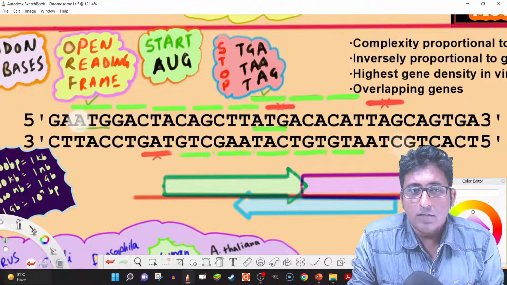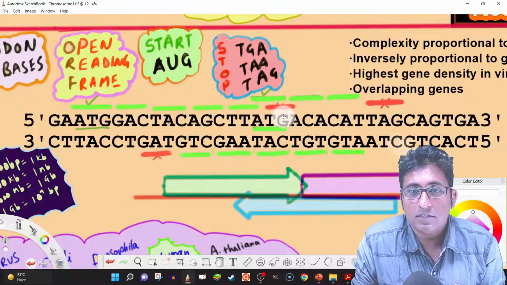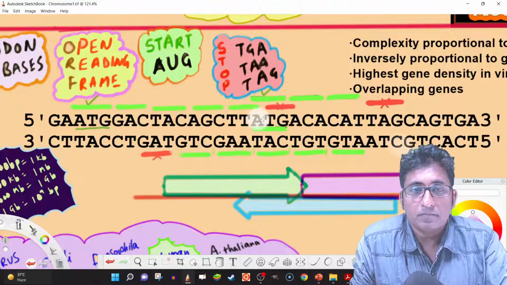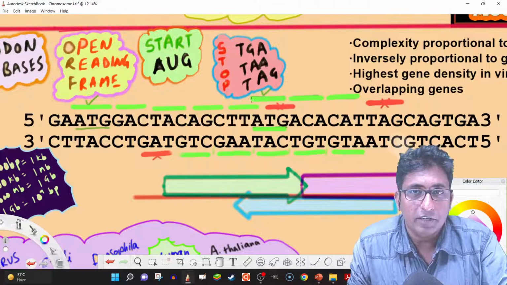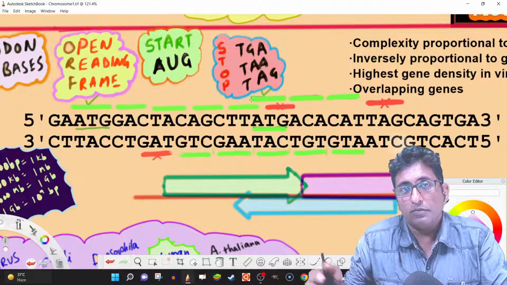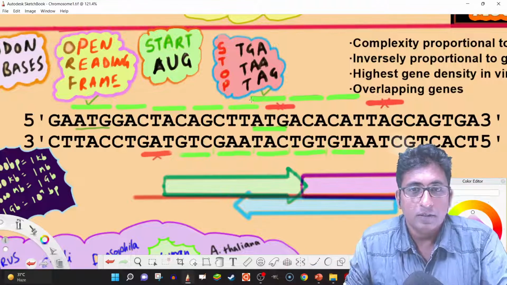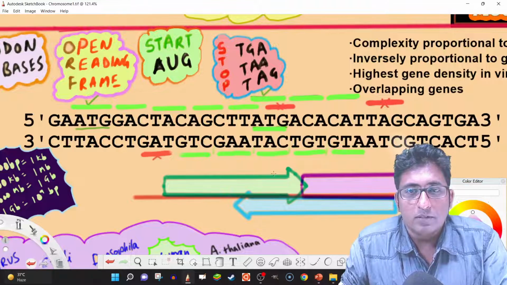As the answer shows, ATG is the start codon, and we read the consecutive codons until we come across a TGA, which is a stop codon. So this small stretch is an example of an open reading frame. Typically the open reading frames coding for protein will be larger than this. For illustration purposes, I've made up a sequence.